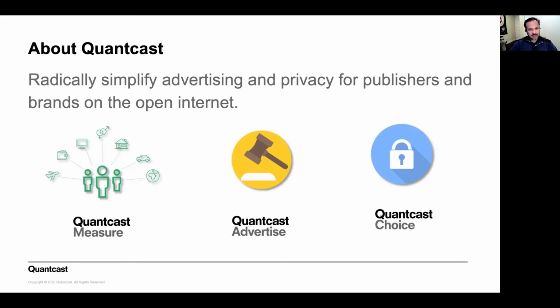And in 2009, we started online advertising as well. And in 2012, we got into real-time scoring for online advertising. One final product that we also offer is called Quantcast Choice. This is a content management platform used by publishers to comply with privacy regulations.